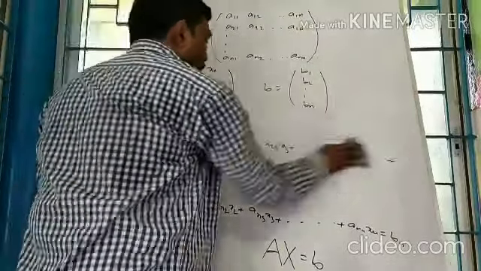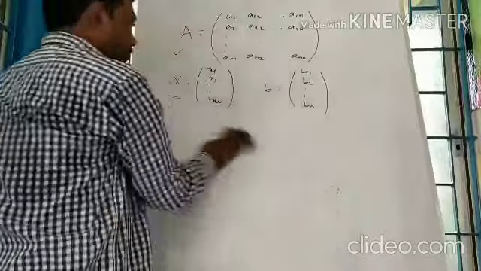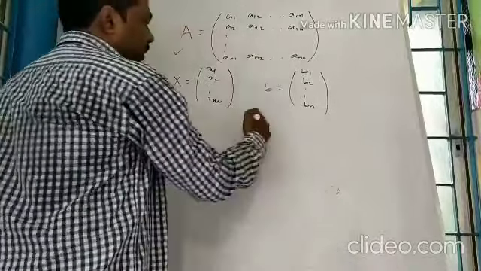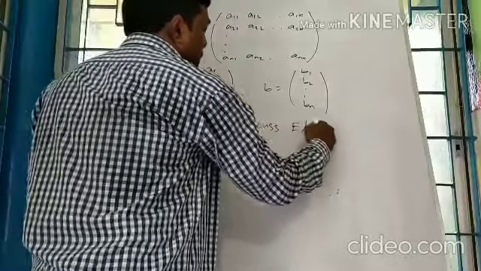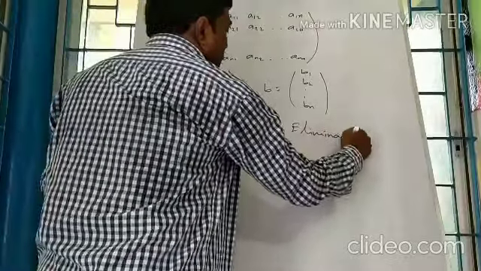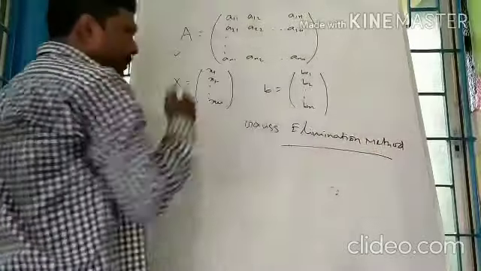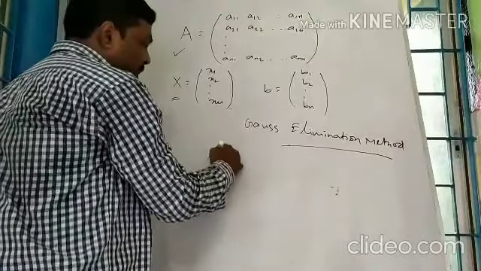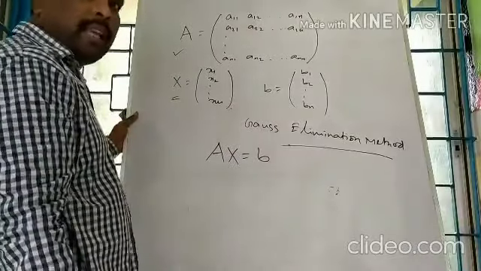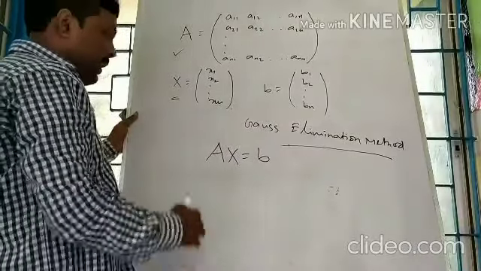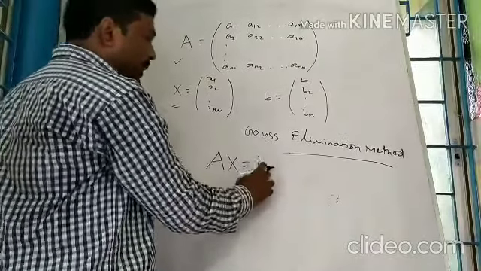Now for the Gauss elimination method, for this system of equations Ax equals b, here A is known, b is also known.